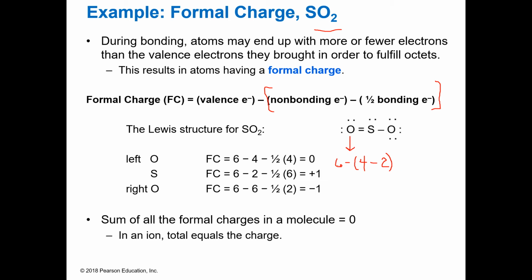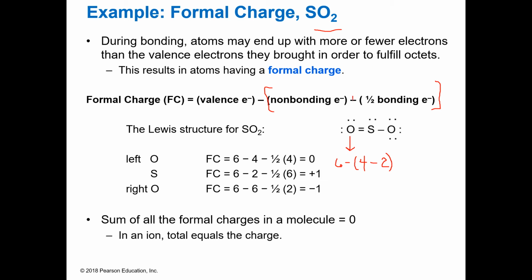So we have 6 minus half the bonding is 2. So I have 2, 4, so half of it is 2. Then I'm going to add those 2 together.